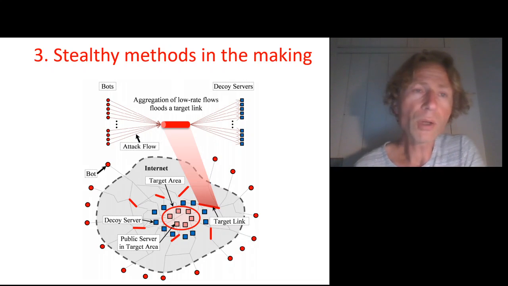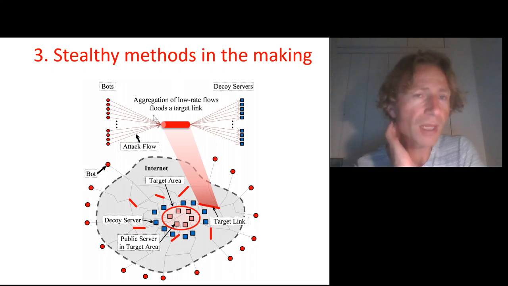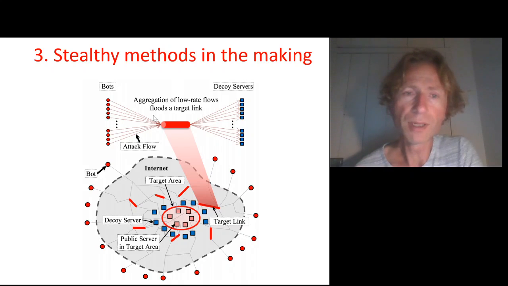Okay, so all of these bots that we find on the outside here are attacking not the victim, but they are attacking bottleneck links towards the victim. Okay, so these links that we see here, the red links, by connecting to so-called decoy servers.